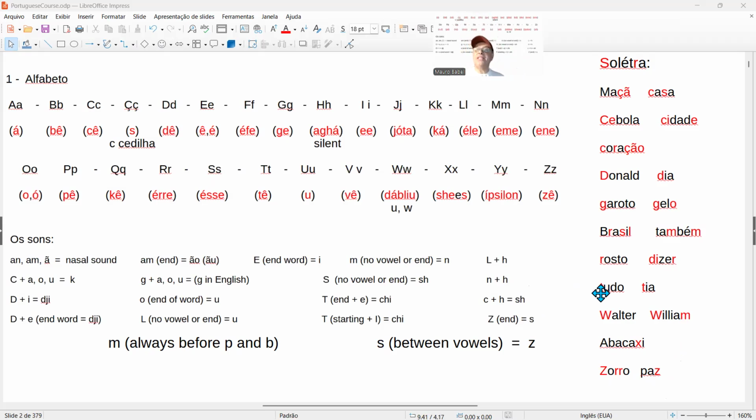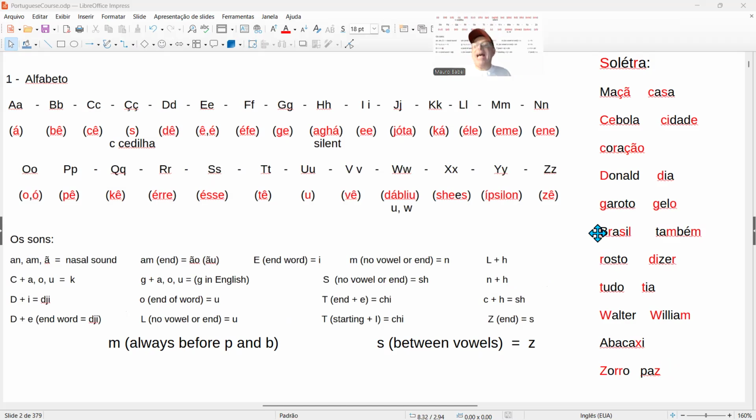It's not written here, but because it's an S sound at the end of the word, it becomes sh. It's technically wrong, because there's no extra E, but that's what people say.